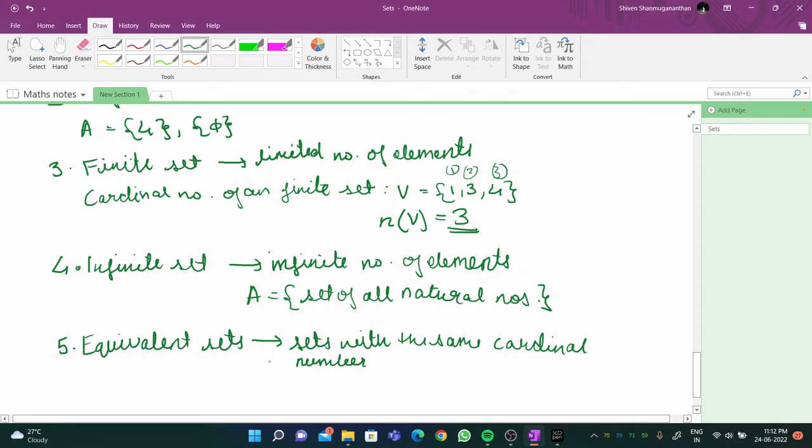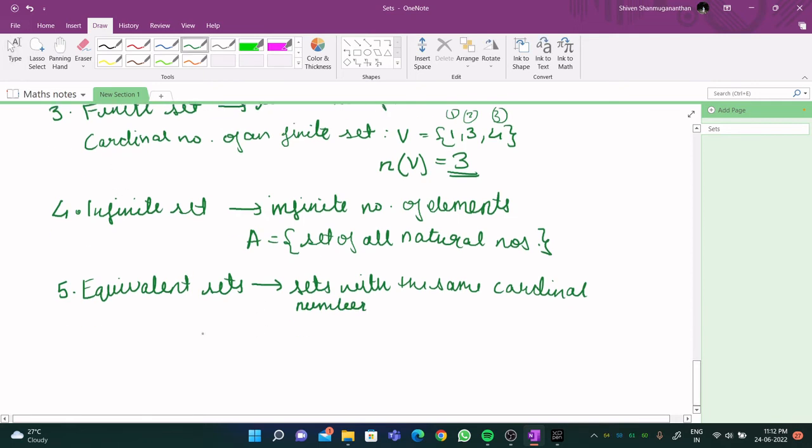For example, let's say A here is 6 comma 7 comma 2 comma 9, and we have B here which is 60 comma 70 comma 20 comma 90. If you take n of A, you get 4 because it has 4 elements.